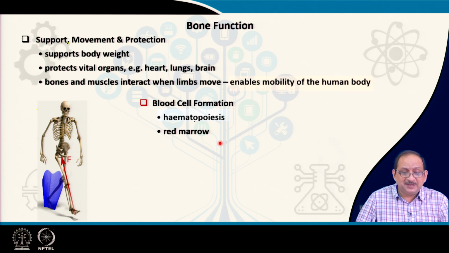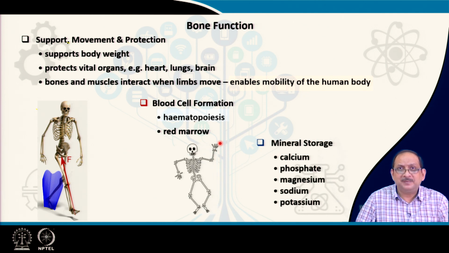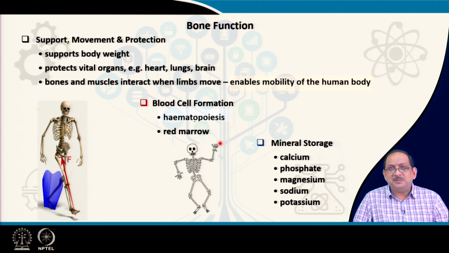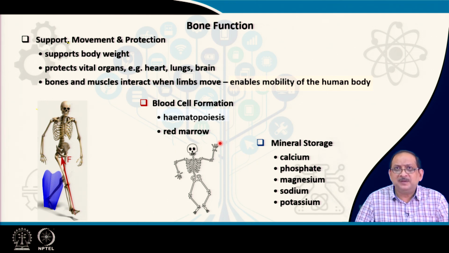Hematopoietic stem cells are the stem cells that give rise to other blood cells. Bone also acts as a mineral storage. It stores essential minerals like calcium, phosphate, magnesium, sodium, and potassium.